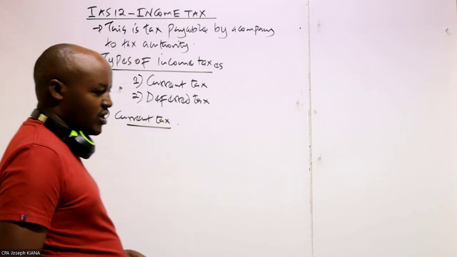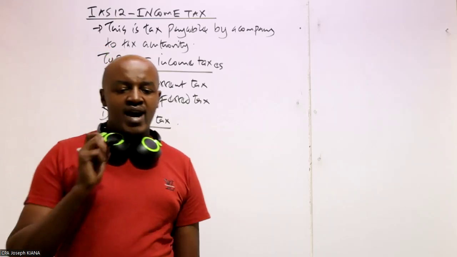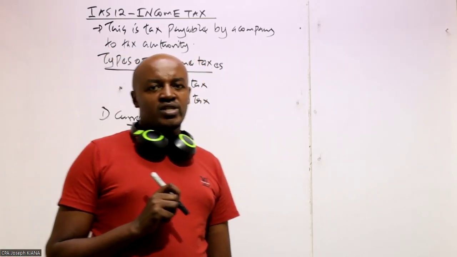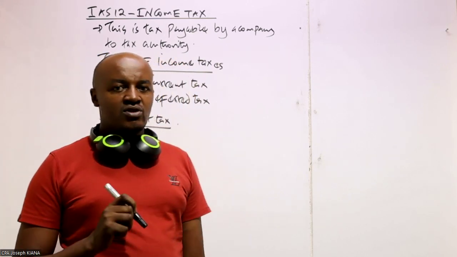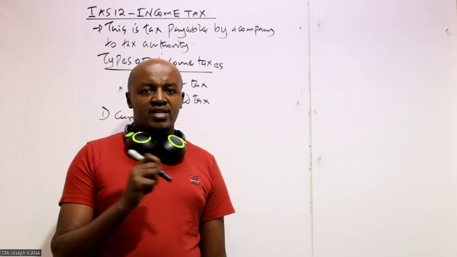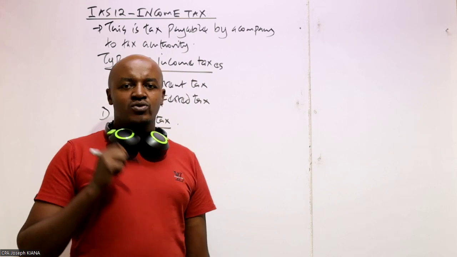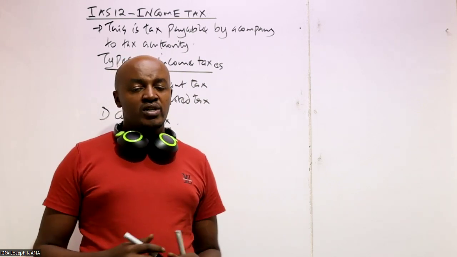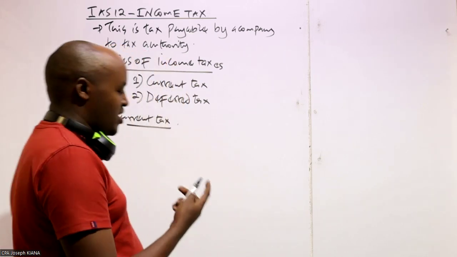When we talk about this tax here, that is the current tax, this refers to the actual amount of tax payable to the tax authority in relation to the trading activities of an entity in a certain financial year. So current tax is the actual tax to be paid. And this tax is always computed based on the taxable profit of the company.